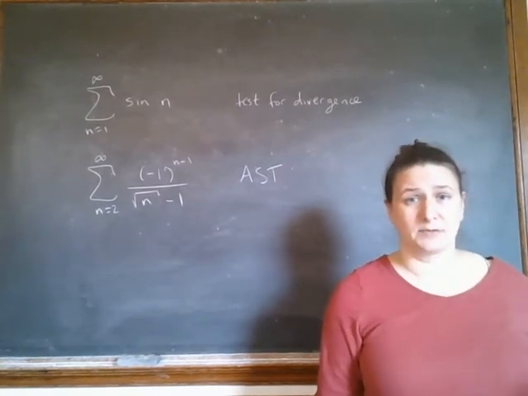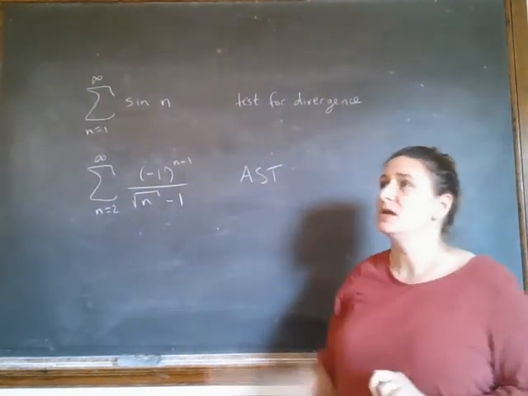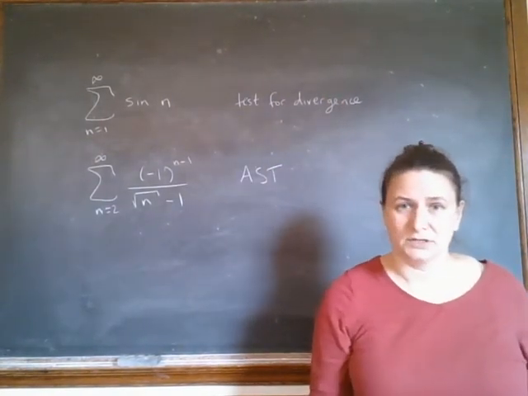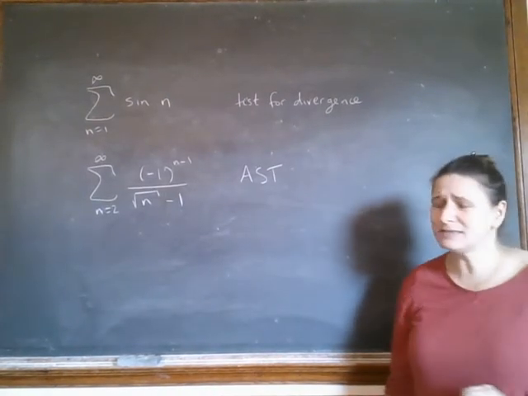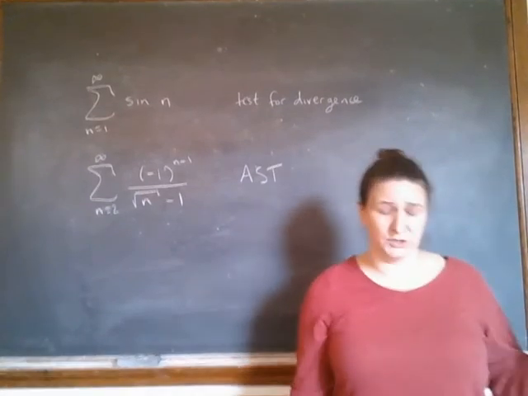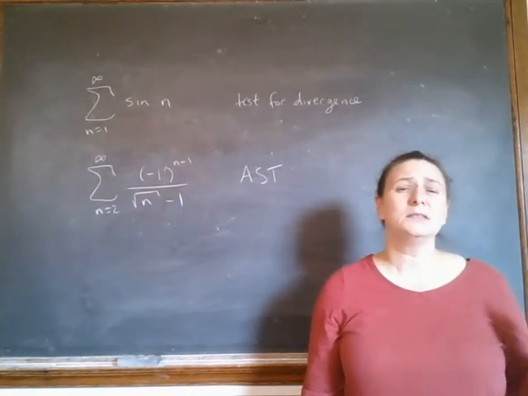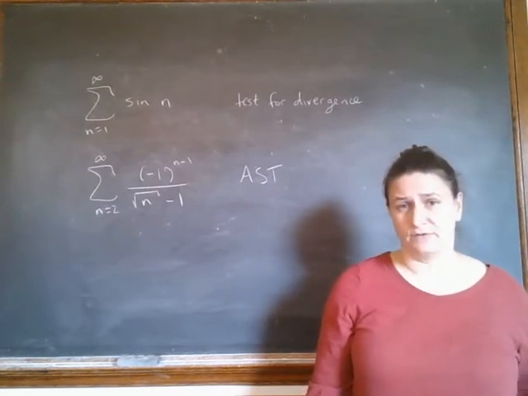There are some that are a little bit different. The test for divergence will tell you that it diverges, but if it fails that, it doesn't mean it converges. The alternating series test is sort of similar, because it will tell you if the series converges, and if it fails the alternating series test, it doesn't imply that it diverges.